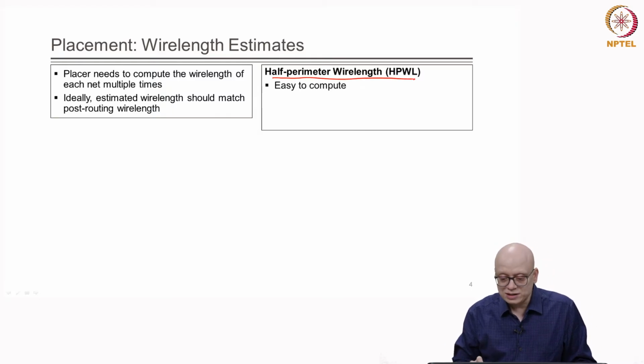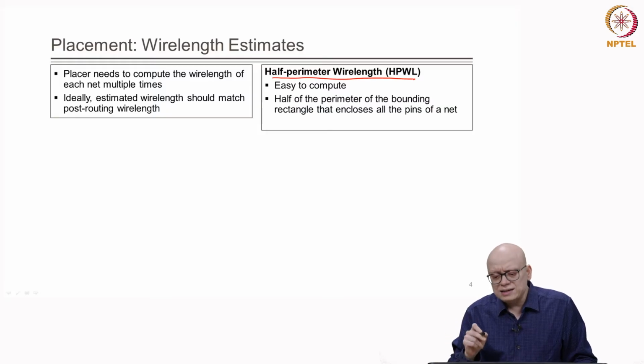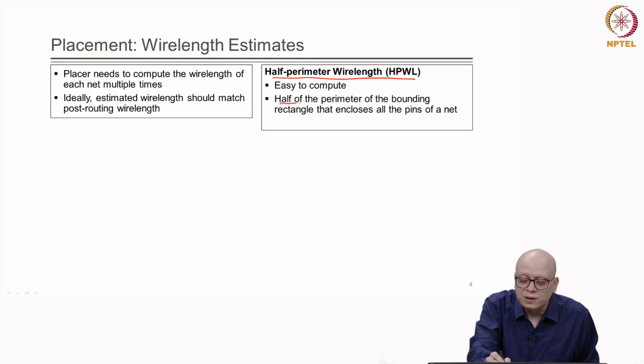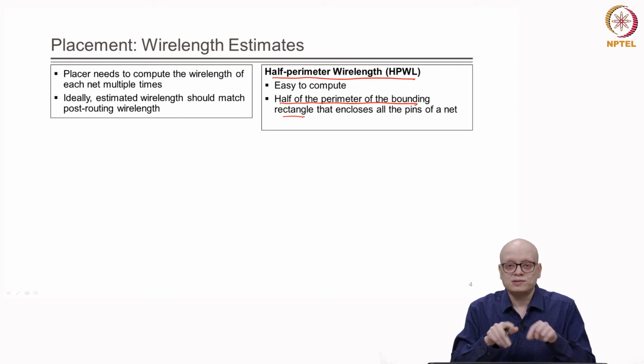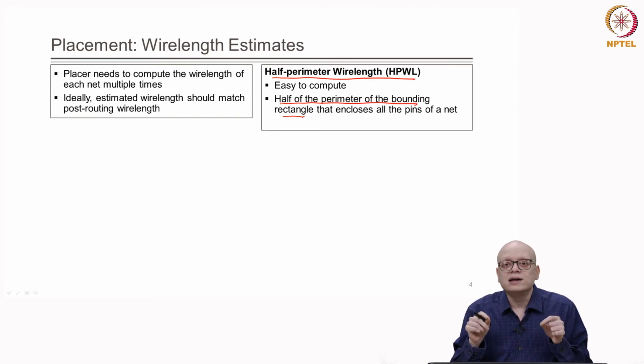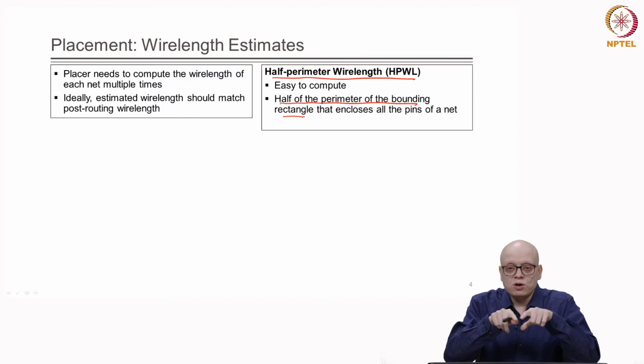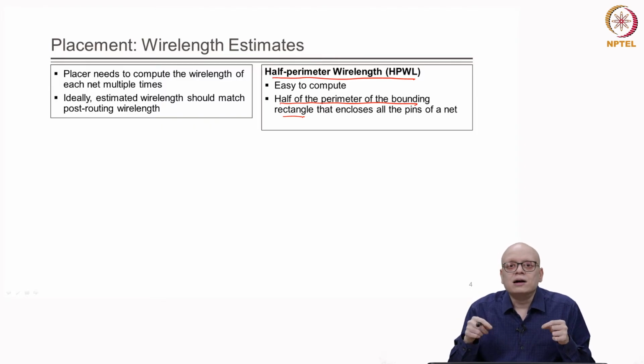So, in this method, it is an easy way to compute, and the half perimeter wire length is basically the half of the perimeter of the bounding rectangle that encloses all the pins of a net, right. Suppose we are trying to find a wire length for a given net, right. Each net will have 2 or more than 2 pins, right.